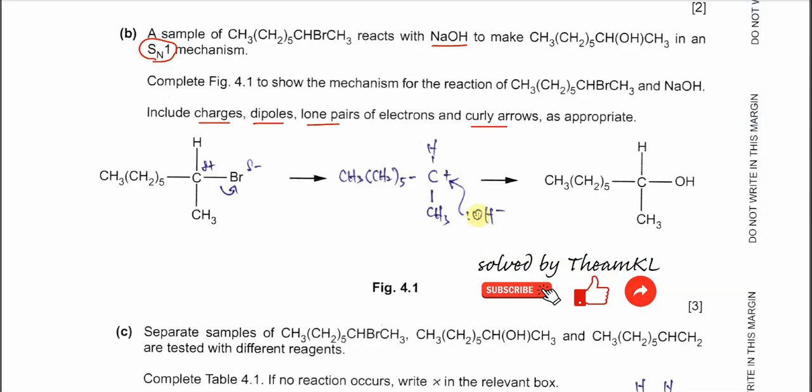You must put only one lone pair on the oxygen, and draw one arrow from the lone pair pointing to this carbocation, to show that a new bond forms. The C-O bond will form, so eventually it will form this alcohol. So this is the SN1 mechanism that you need to show.